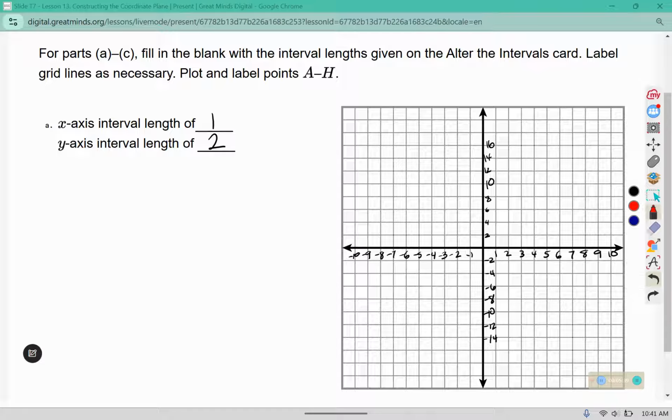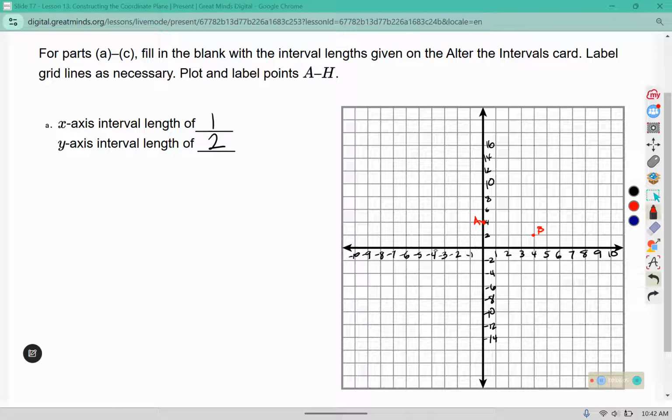All right, the coordinates for point A were 0, 4. So 0, instead of going up 4 boxes, we're going to go up to the number 4. And that is A. B was 4, 2, so we're going to go over to the number 4 and up to the number 2. Not up 2 boxes, but up to the number 2.